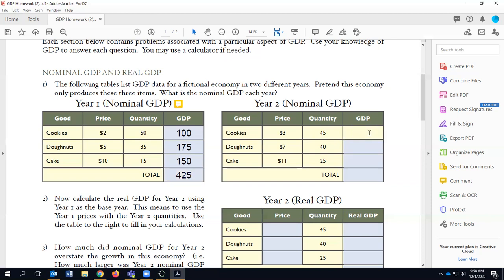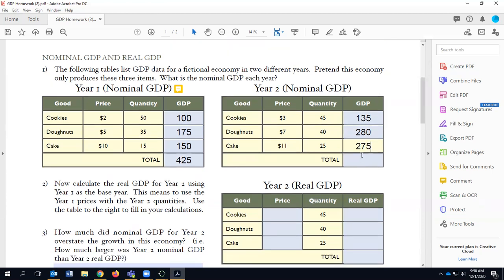Now you're going to do the same thing for year 2 over here. So price times quantity, 3 times 45. 135. 7 times 40. 280. 11 times 25. 275.